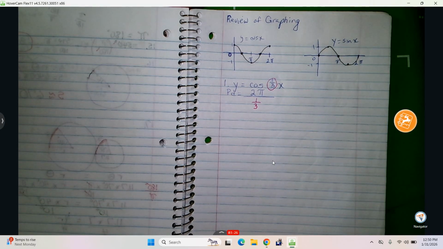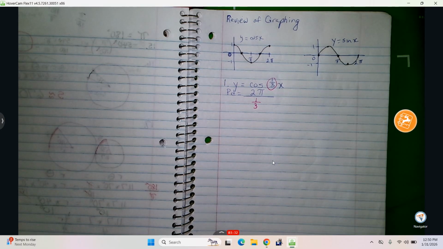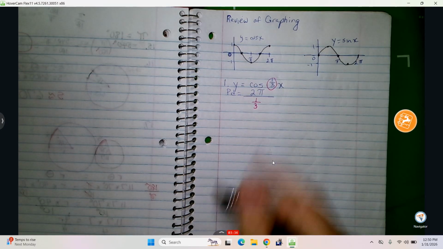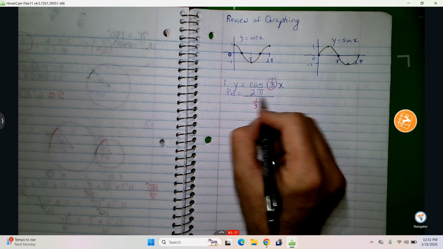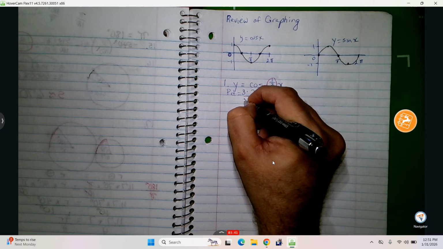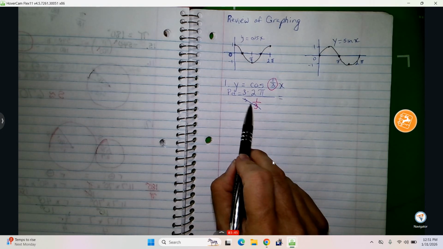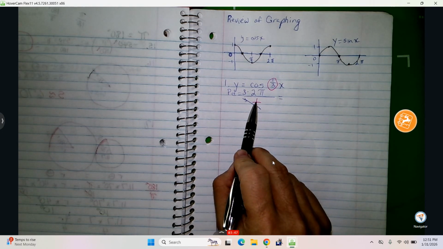Since that coefficient of x is a fraction, probably the easiest way to simplify this is just to multiply above and below on the main fraction by 3. If I multiplied above and below by 3, you'll see that here the 3's would cancel, and we no longer have a fraction.